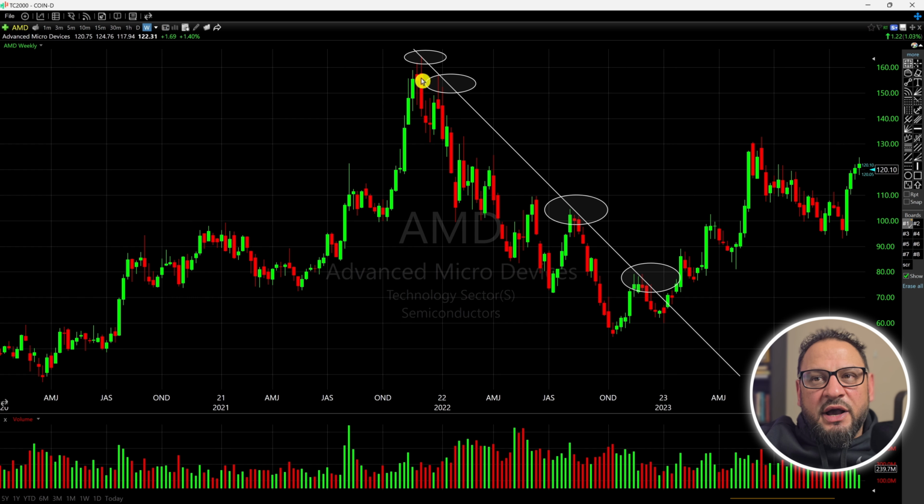The psychology behind it, the bears are dominating and the bulls cannot actually push it back to the resistance walls. The bears are actually pushing it lower, and what you're making here is lower highs. That's a trending down. It's simple concept.